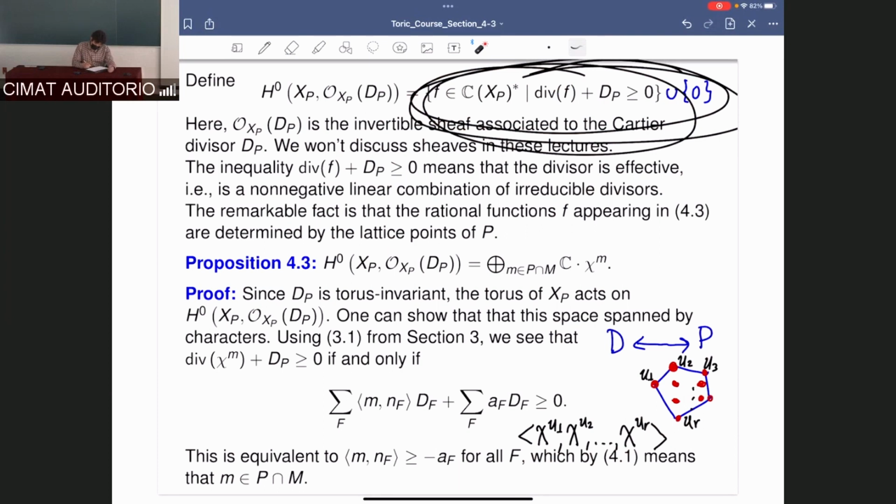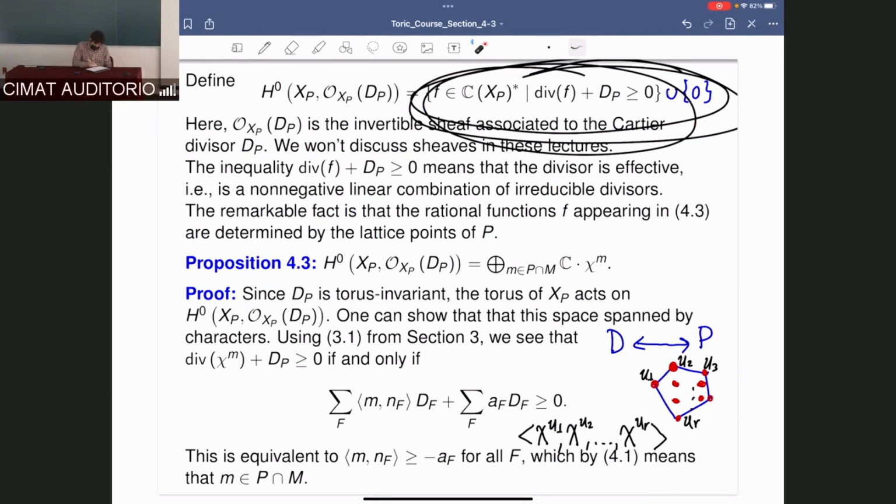For the argument, I can just outline it very quickly. What do you need to check? Well, first one uses that this one is invariant to realize that they are regular over the torus, so those f's have to be in C of M. And then one uses the invariance to check that when a sum of some chi to the u's with coefficients is in there, each of the chi to the u's individually was there.